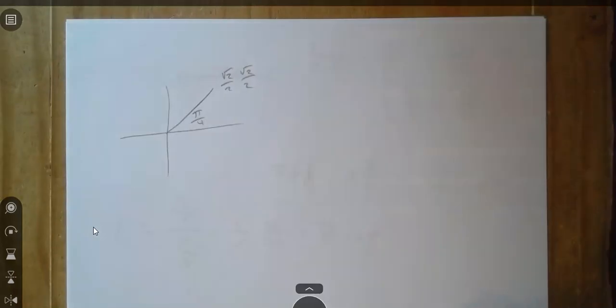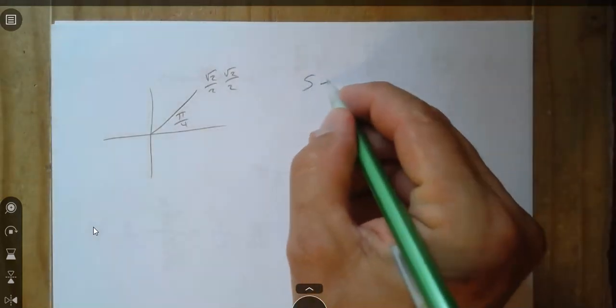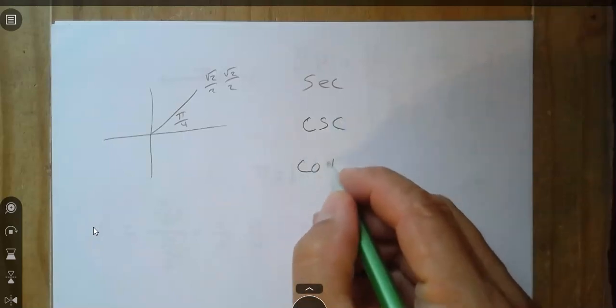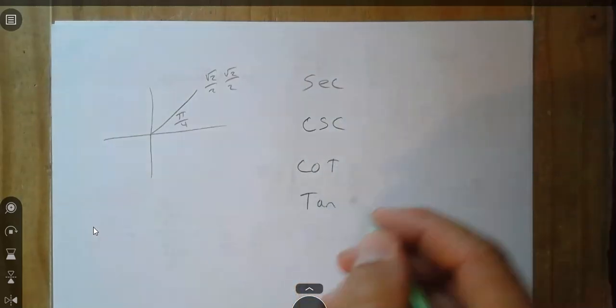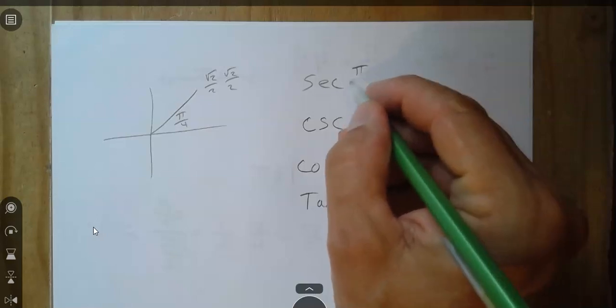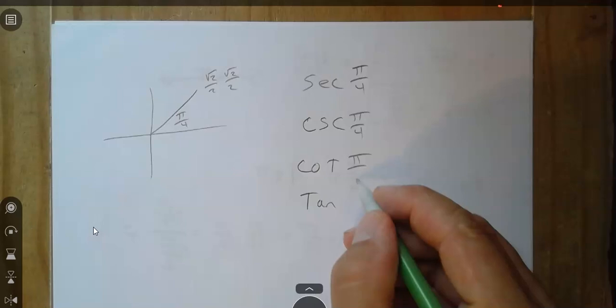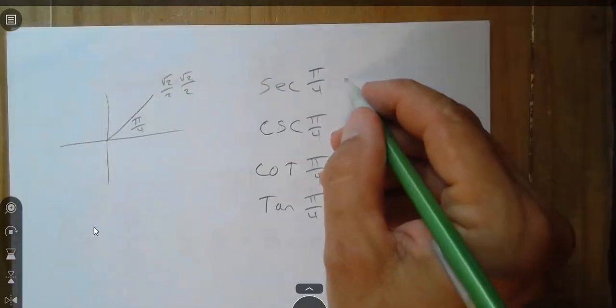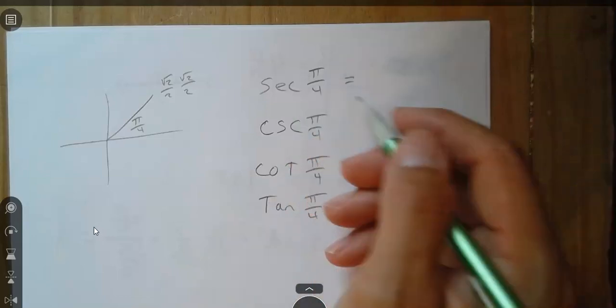So the only thing I need to find is my secant, my cosecant, my cotangent, and my tangent. Pi over 4 is my angle. So my secant is 1 over cosine, right?